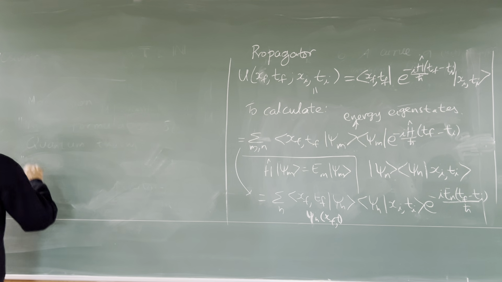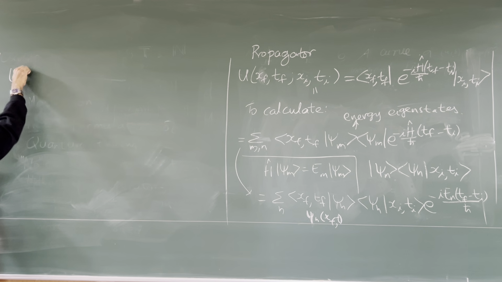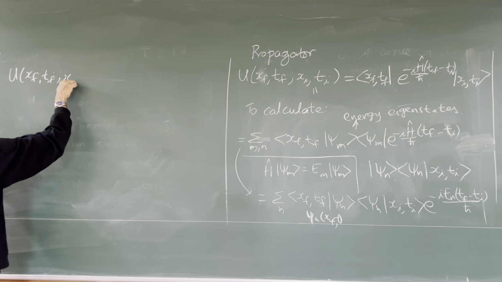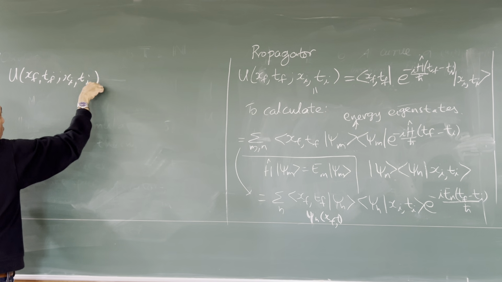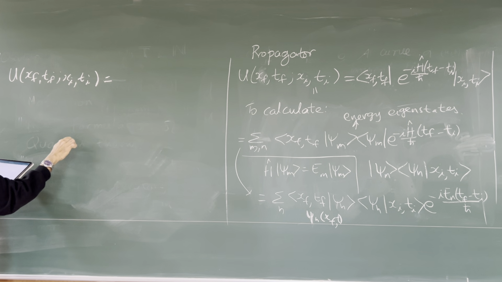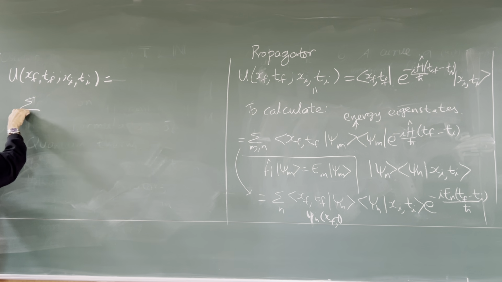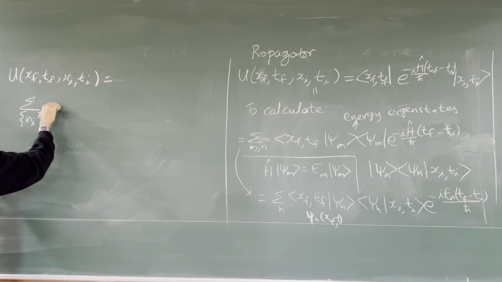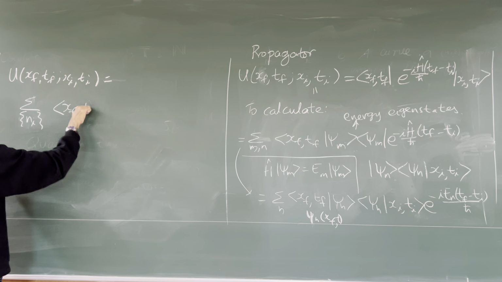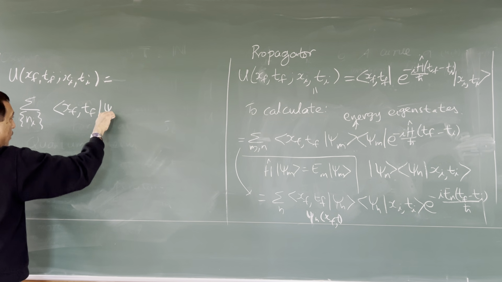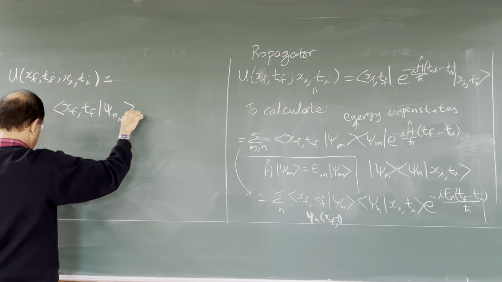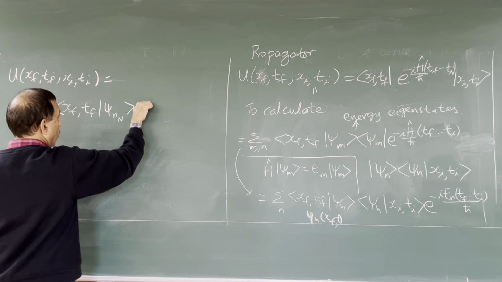So let's notice that u of xf tf, xi ti can also be written as a summation over a collection of labels, xf tf psi n. I'll explain my notation in a second.